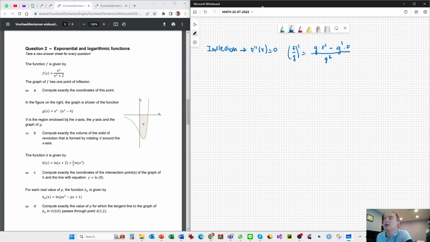So what do we get here? We get e to the power x plus 2 times the derivative of the numerator, which is just e to the power x. The derivative of e to the power x is e to the power x.